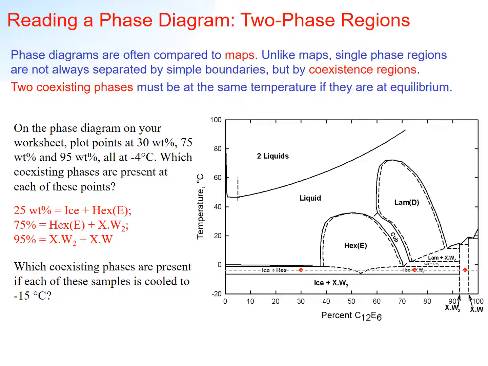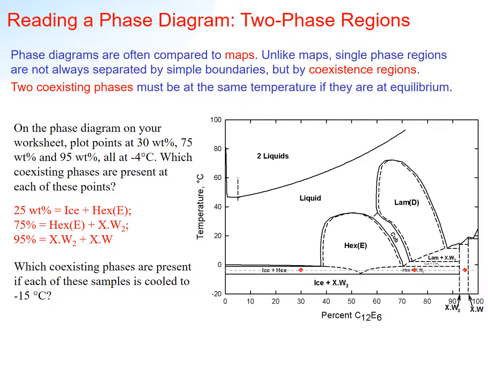So at 30 weight percent, at -4 degrees, the sample lies in the ice plus hexagonal phase coexistence region. So ice plus hexagonal phase actually coexist.